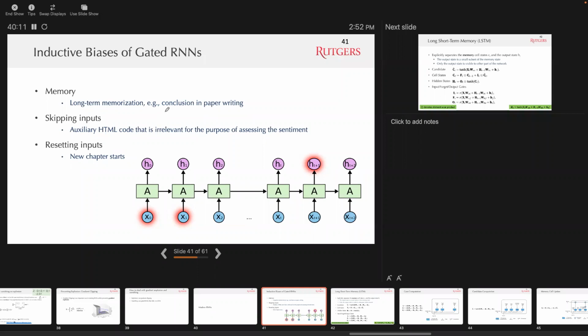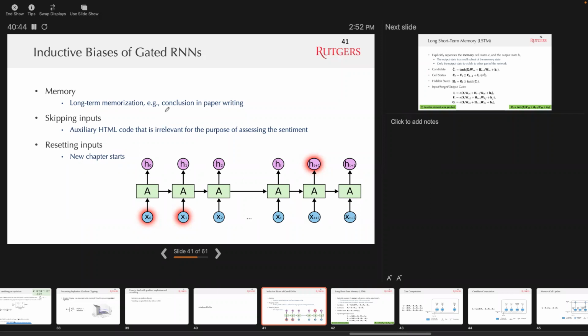The third inductive bias is the capability of resetting. For example, if the task is just to summarize the last chapter of a book, then it will be helpful if your RNN can reset your memory whenever a new chapter starts. So gated RNN has this capability of resetting things.